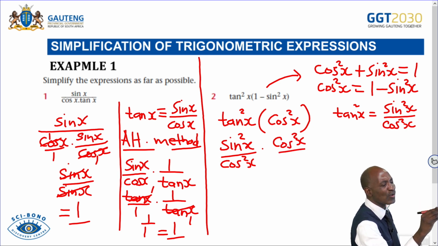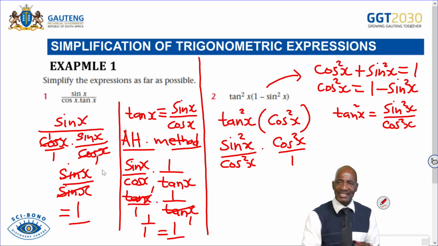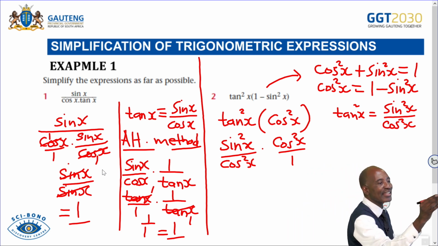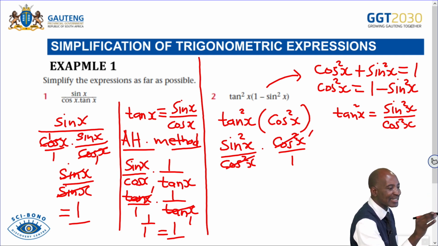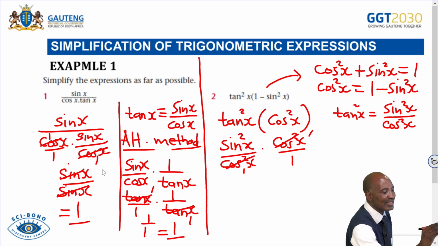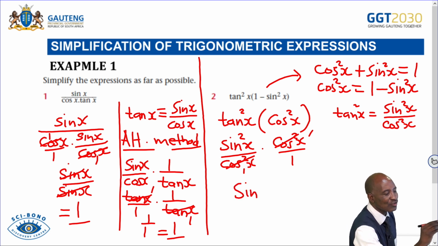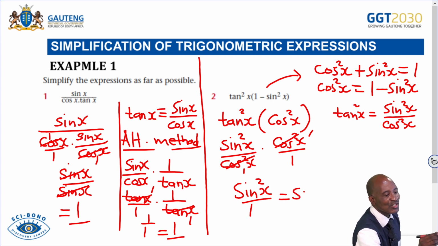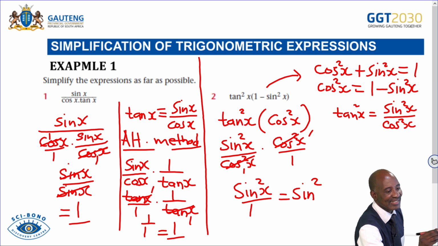This is the same as saying over 1 if you had to create a fraction. Then you can see these can cross divide. There you go. What's left is sine squared x over 1, which still gives us sine squared x.